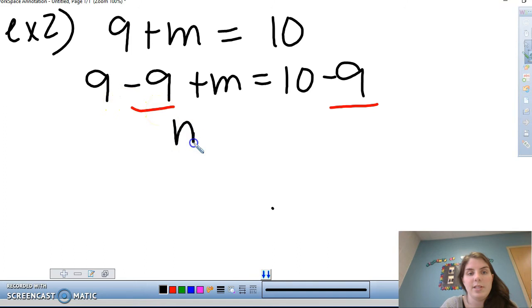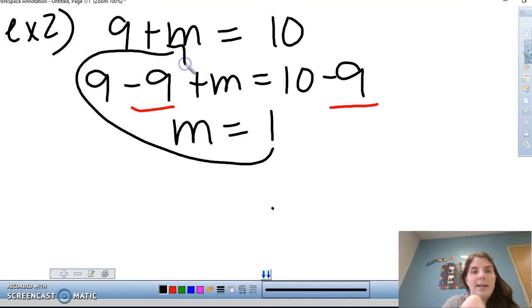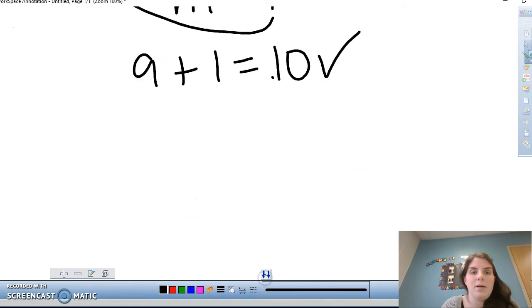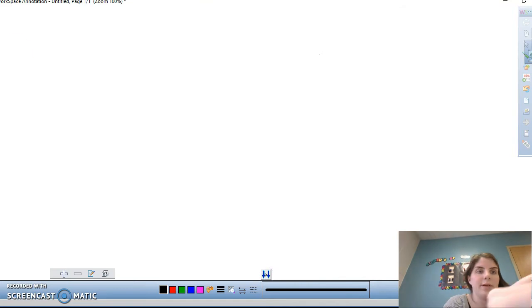So on this side, we just have m equals, and when we take 10 minus 9, we have 1. All right, to check it, can't forget to check it, we're going to plug it back in. So 9 plus 1 equals 10. Does 9 plus 1 equal 10? Yes. Good.